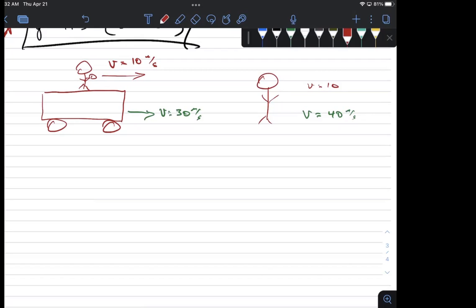Light is the only thing this is true for. If this were tennis balls, if this were sound waves, if this were anything else, anything in the universe, you would have to add the velocities. Light, you don't. Which means something very weird. What it means is that when you move towards the light, everything else changes.